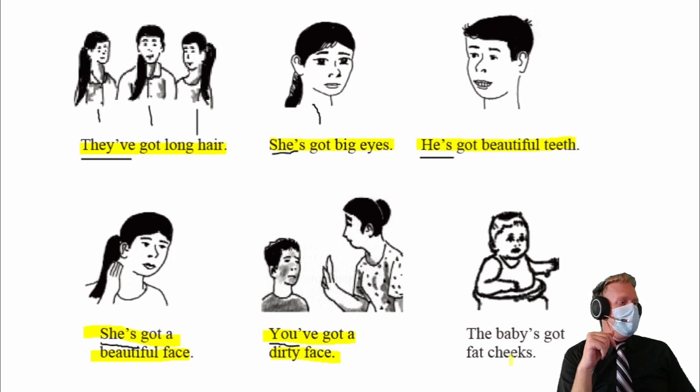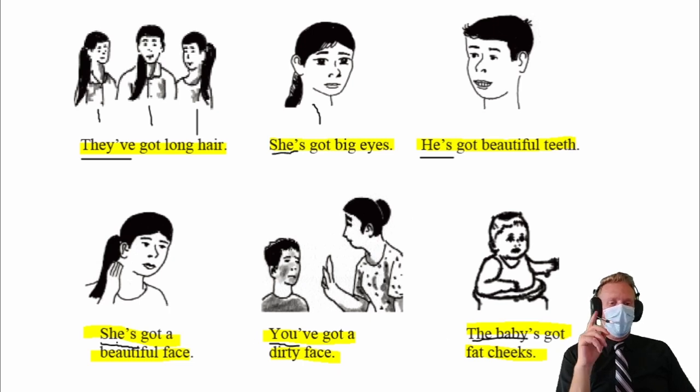Right, now the baby. The baby's got fat cheeks. The baby has got fat cheeks. The baby, one baby. Right, so the baby is one person or one thing. So we use has. The baby has got fat cheeks.